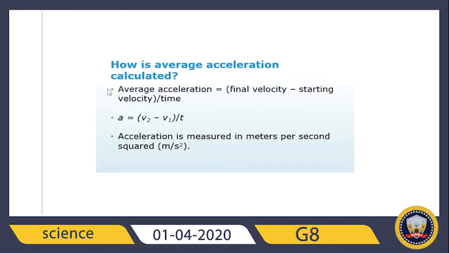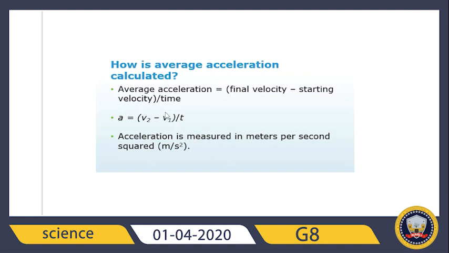So if we want to calculate the average acceleration, guys, average acceleration is equal to final velocity minus starting velocity over what? Over time. So again, average acceleration is equal to the final velocity, which is v2, minus the starting velocity, which we represent by v1, all over time.